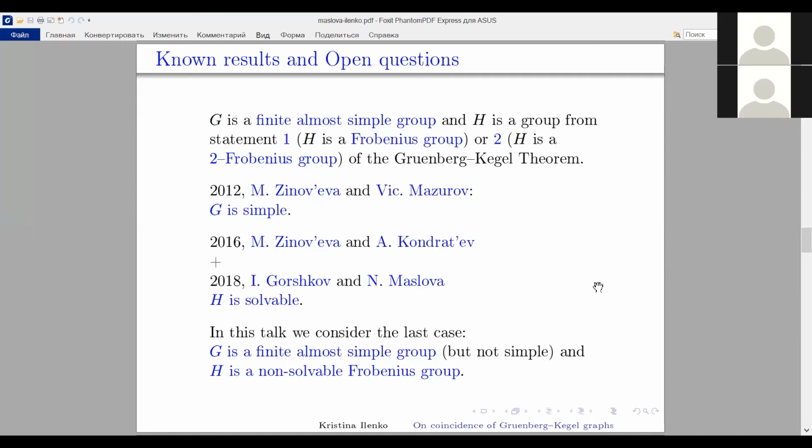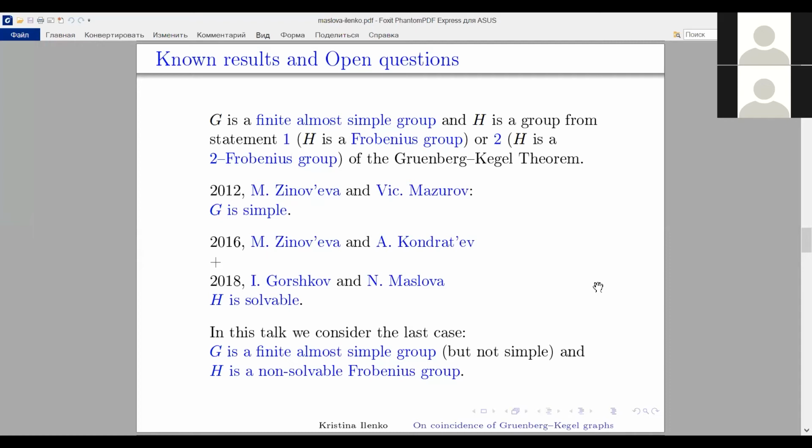In 2018, Ilya Gorshkov and Natalia Maslova showed conditions when Gruenberg-Kegel graphs of a finite almost simple group and some finite solvable group coincide.